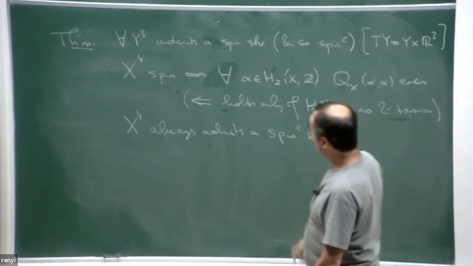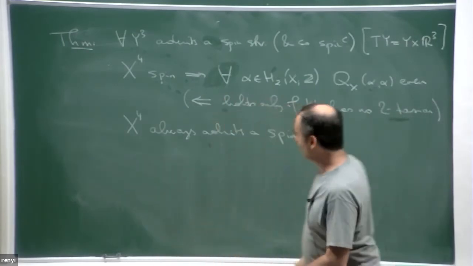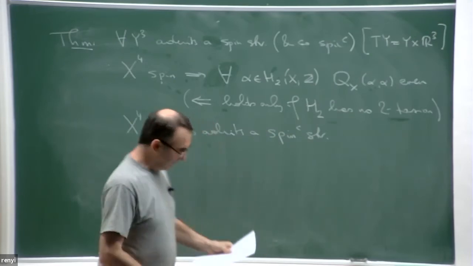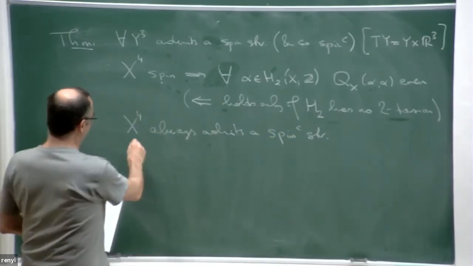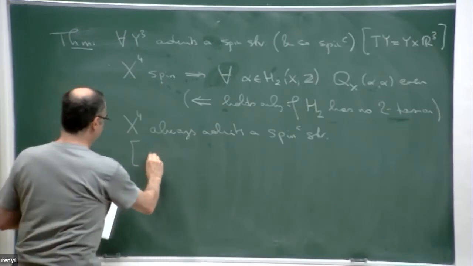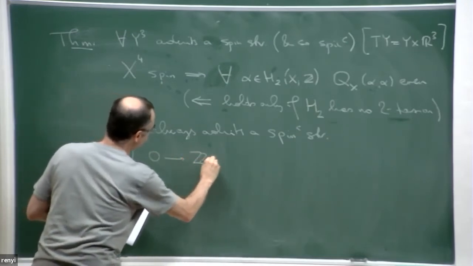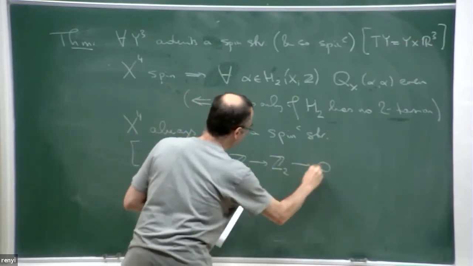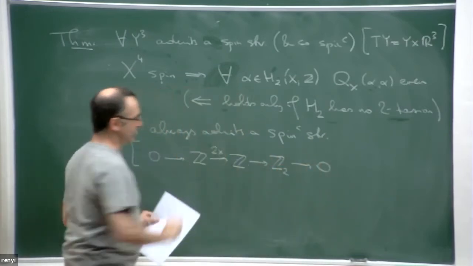Okay, so spin C structures are pretty convenient in that dimension because every four manifold admits those. Let me just give you a reason for that, not a proof, but a reason. So let's take this short exact sequence. Here we take multiplication by 2.